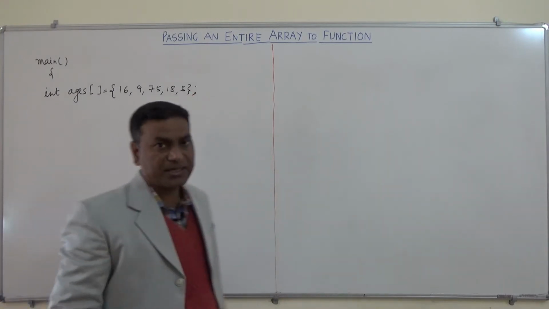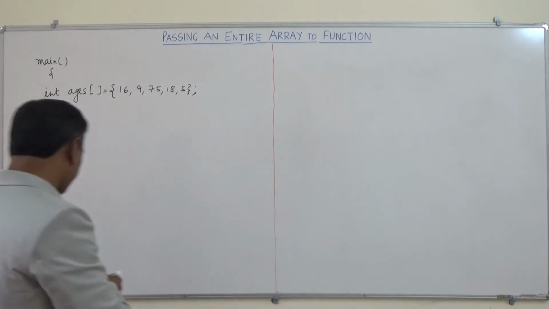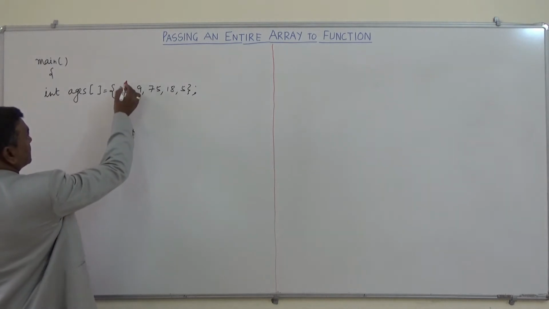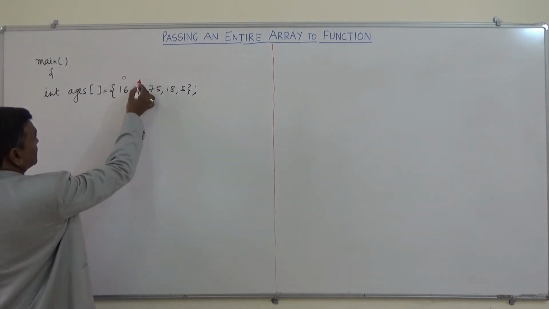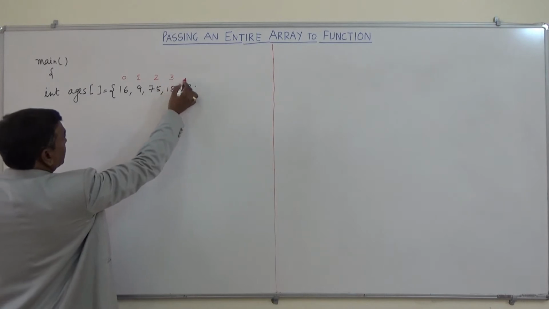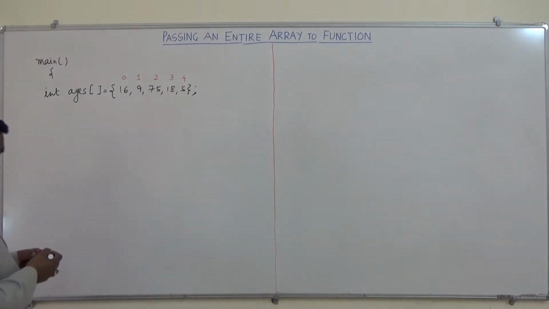So this is the array and the name of the array is ages. So we can say the index of 16 is 0, then 1, then 2, and 3, and then 4. So these are the indexes.